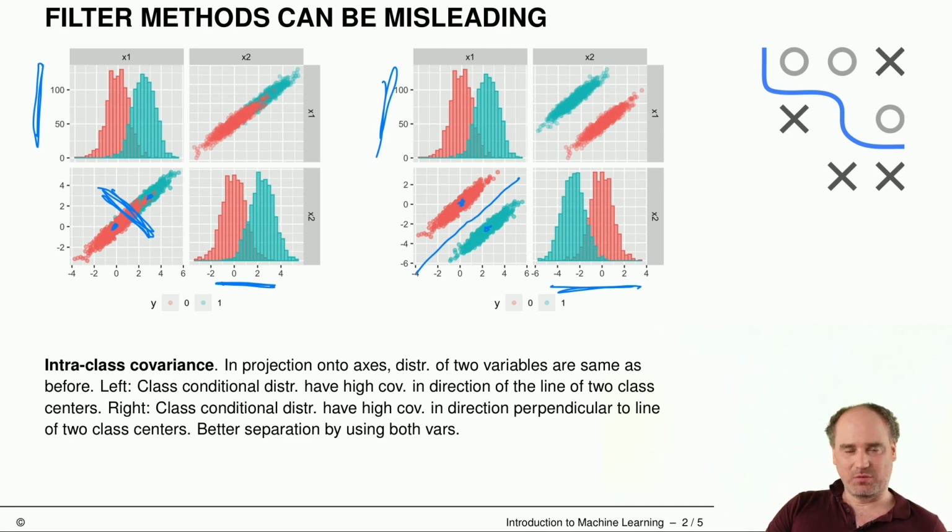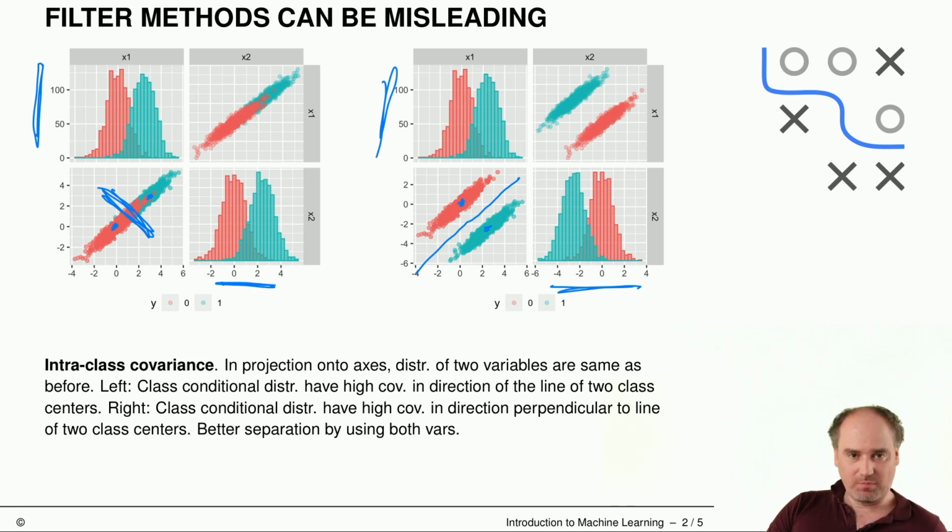So first of all, it might not tell us that we should use both features to separate the classes, and I guess that's true for both cases. It's also not telling us that we're going to have a much better chance of separating the two classes on the right-hand side than on the left-hand side.